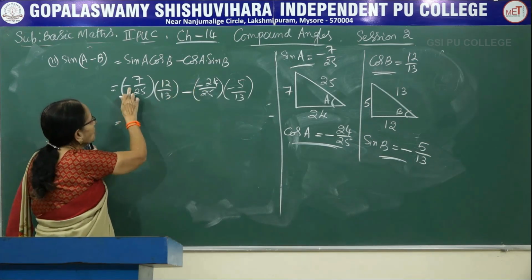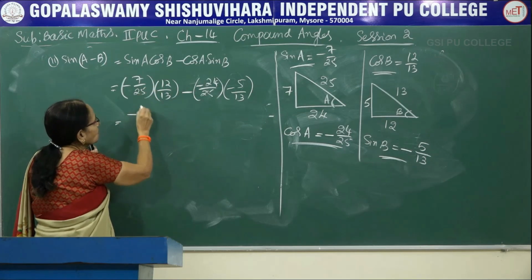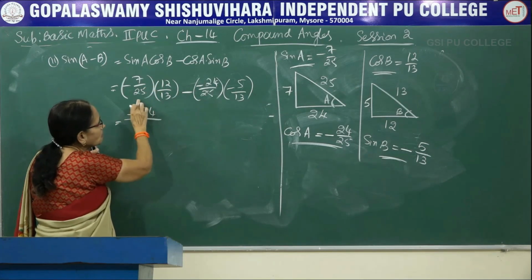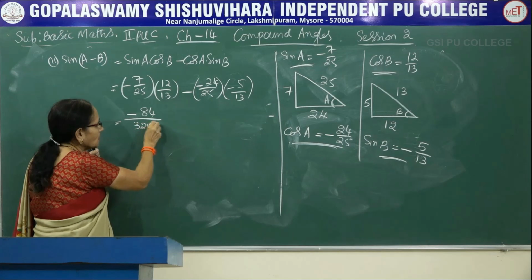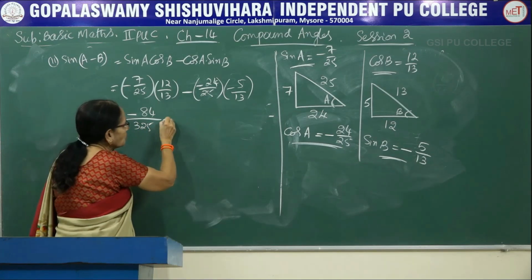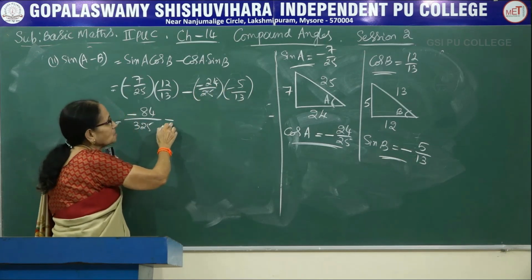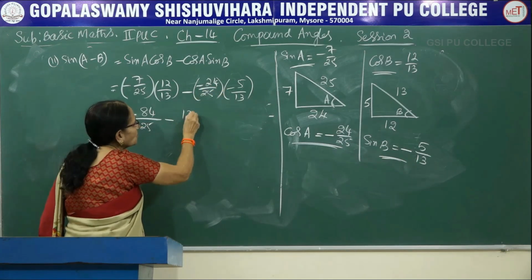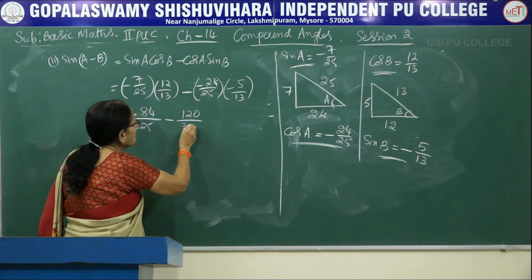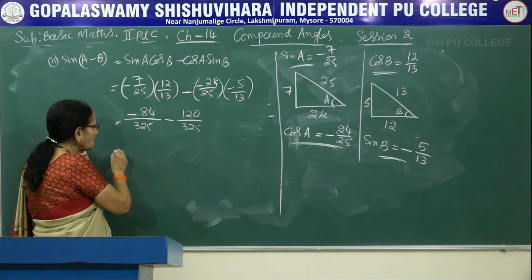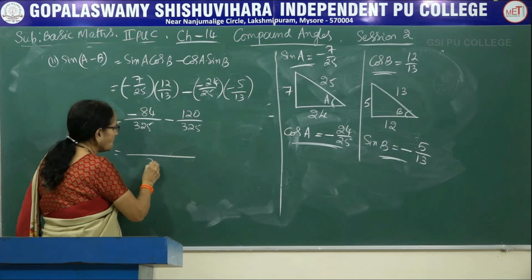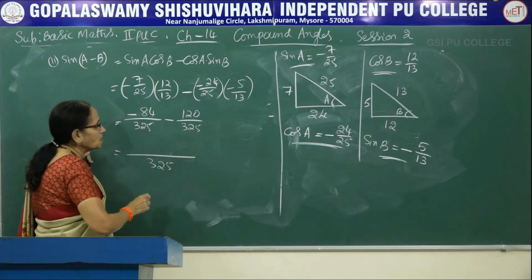Now here minus of plus minus, 12 sevens are 84, denominator the same number we are having, 325. Minus into minus into minus, another minus, 24 5s are 120 divided by 325. Again in this case also we are getting the common denominator to be the LCM.